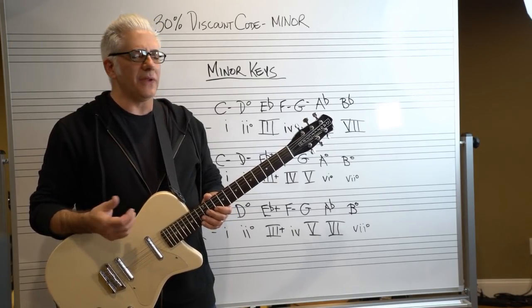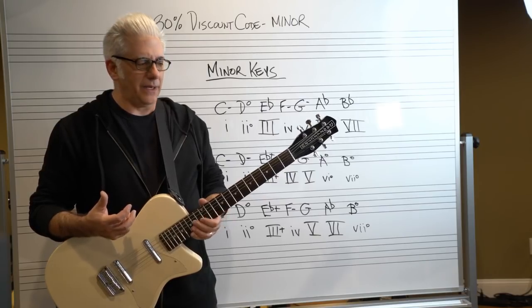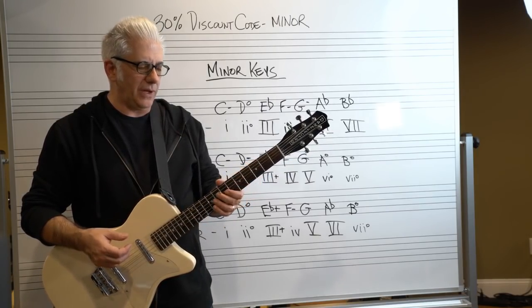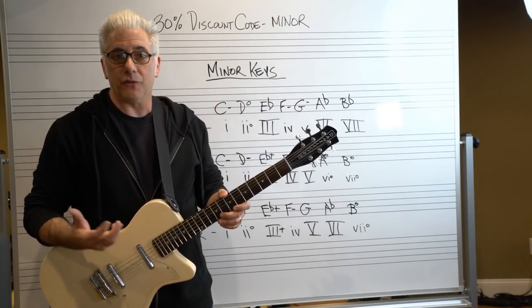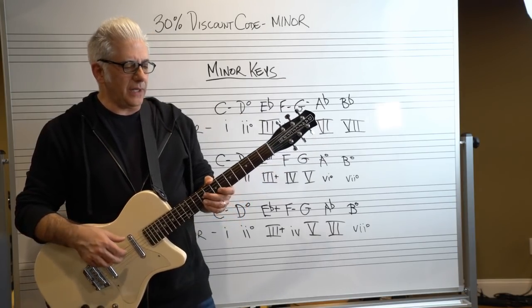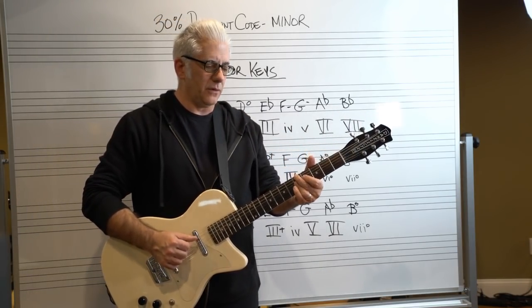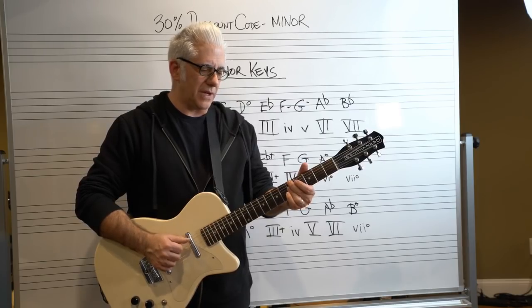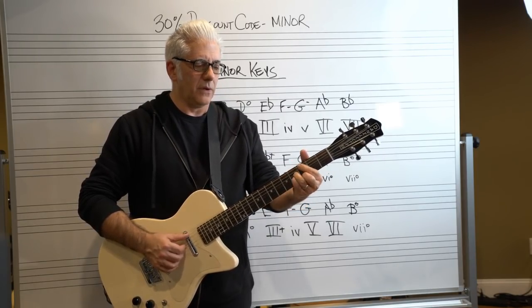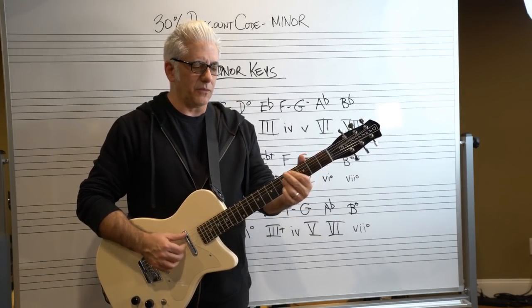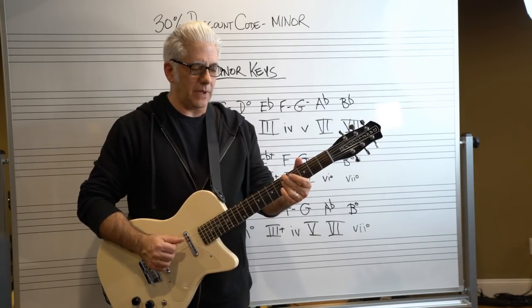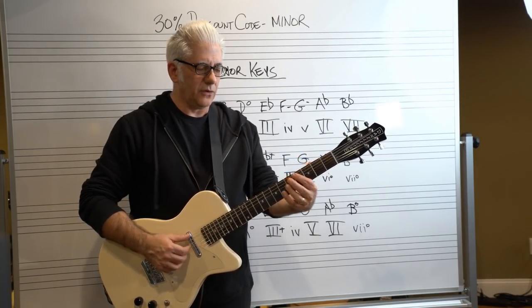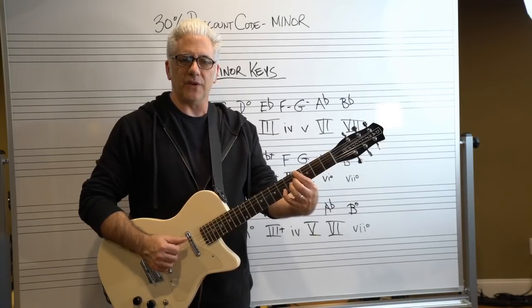You're using the parent scale that would have a minor major 7th chord in it. For example, let's say I did a 2, 5, 1 in G. So A minor 7, D7, G major 7. I could do a tritone sub A minor 7 to A flat 7.